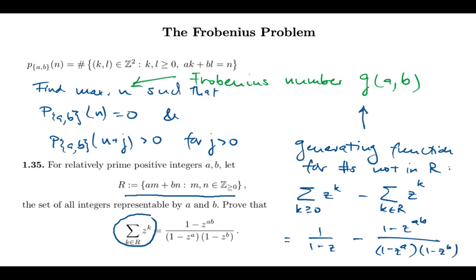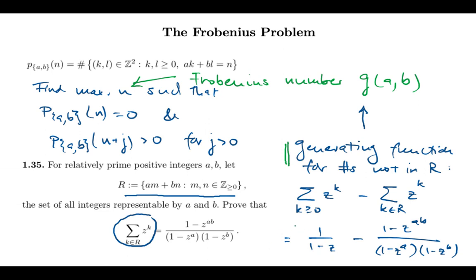But let's think about this for a moment. What does this generating function look like? As we explain in the book, there is only a finite number of integers that are not in R. Here I'm again assuming that a and b are relatively prime.